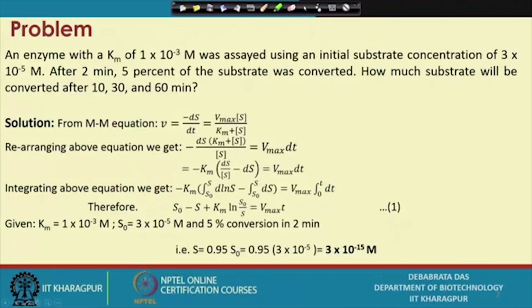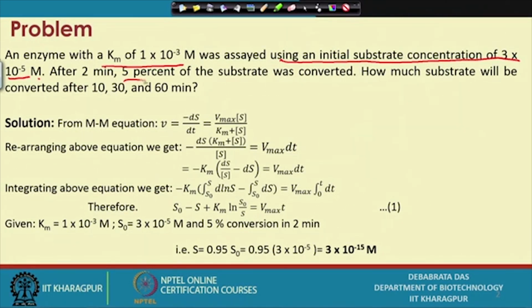The first problem: an enzyme with Km 1 into 10 to the power minus 3 moles was assayed using an initial substrate concentration of 3 into 10 to the power minus 5 moles of substrate.